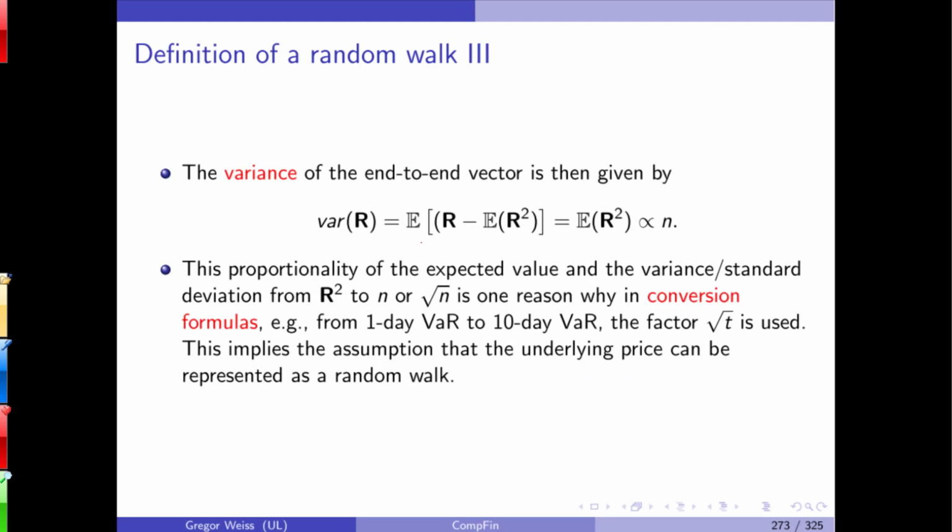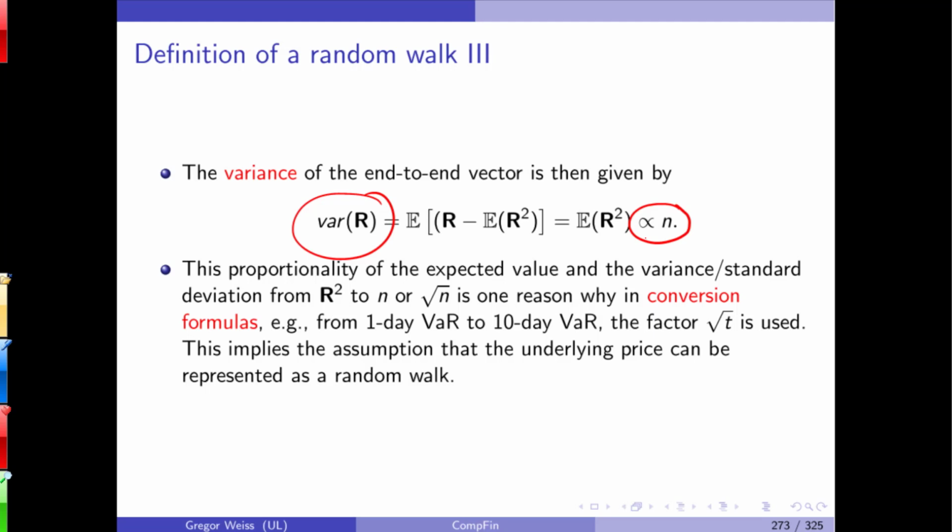Now, if you want to compute the variance, you will see, take the expectation of r minus the expectation of r squared. So the variance is again proportional to the number of steps. And this is interesting only for one reason at this point. You might have seen in some textbooks some transformation rules and some conversion formulas to convert a 1-day VaR into a 10-day VaR, value at risk.